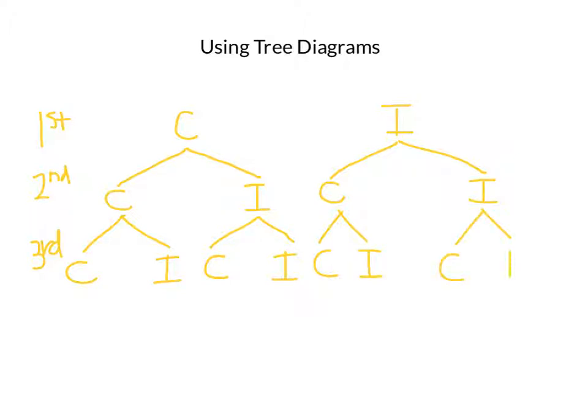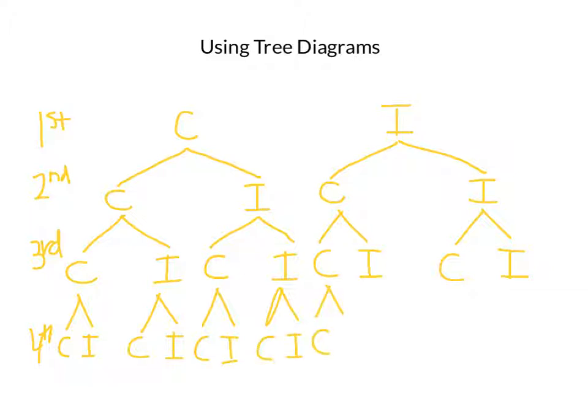This is the limitation to the tree diagram, is if you have a lot of levels, how are you really going to get those to fit? So here's the fourth question. Correct, incorrect. And actually I have room over here, but it's on the right side that I'm starting to quickly run out of room. And then my fifth row.